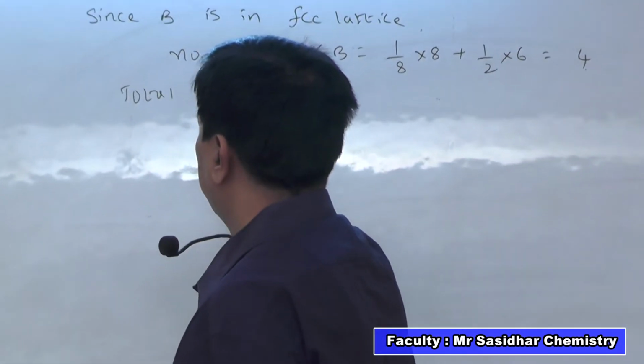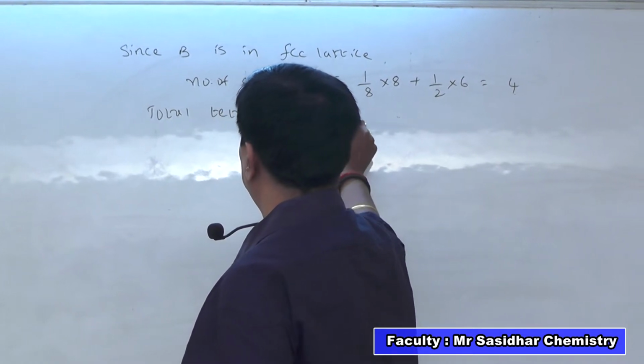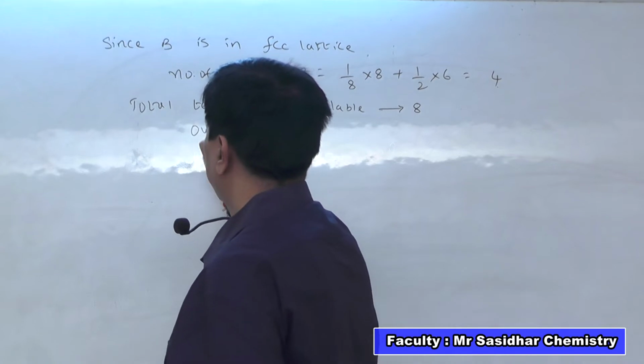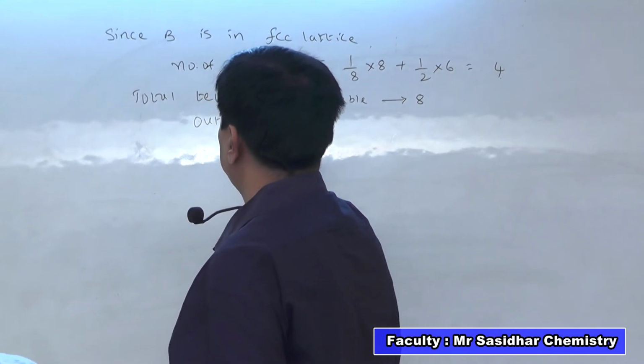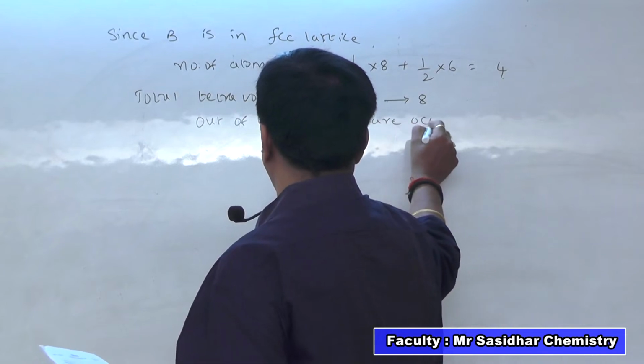Total tetravoids available are 8, out of which 25% are occupied.